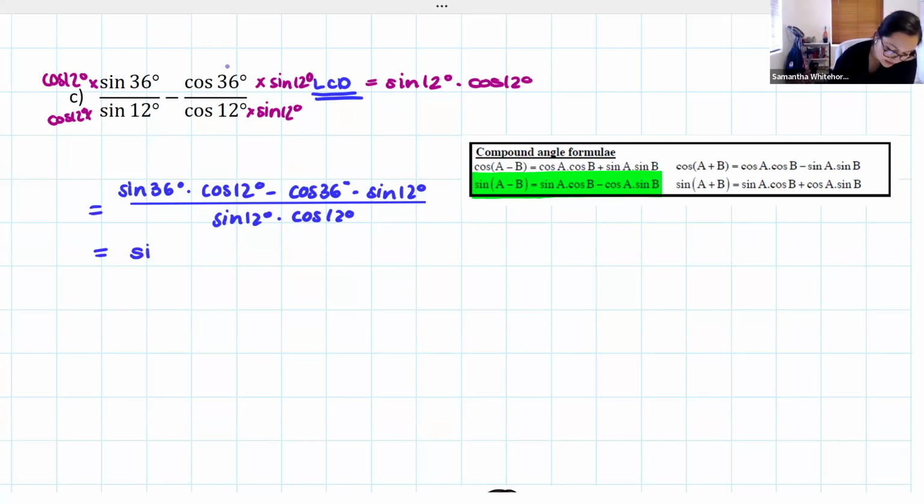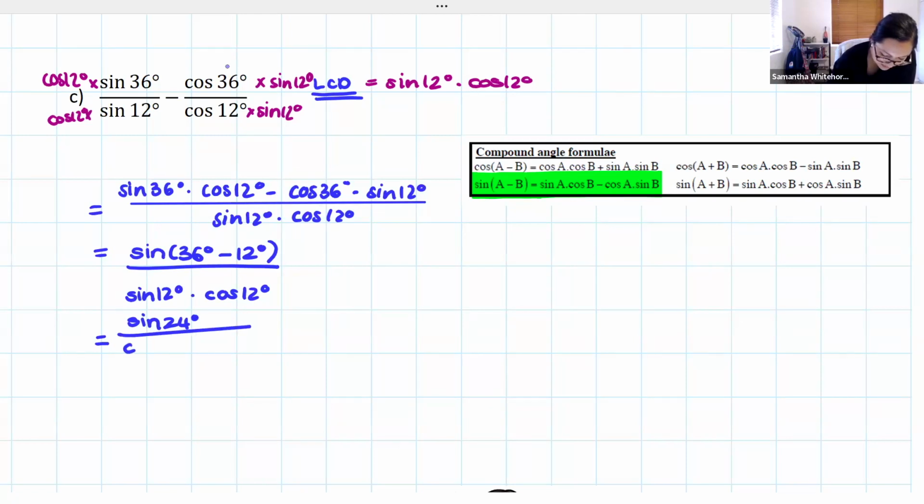So in my numerator, this becomes sine 36 minus 12. And my denominator is obviously sine 12 times cos 12. Right, 36 minus 12, 24. So I've got sine 24 over sine 12 cos 12.